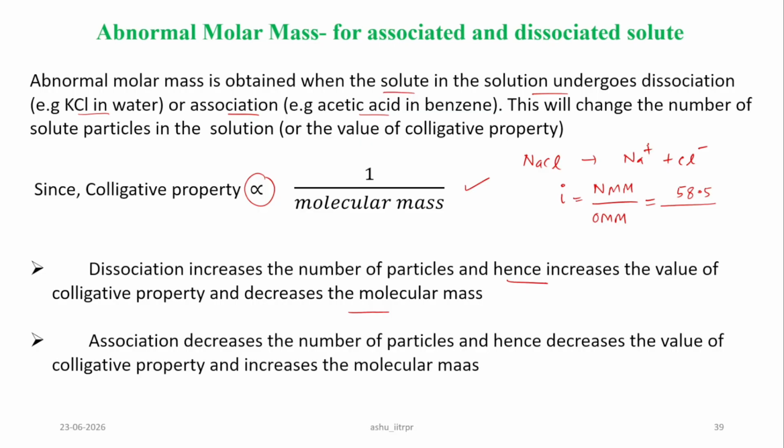But the observed would be from either this particle or this particle. Suppose I take the first one, it will be 23, or if you take the second one, it will be 35.5. When you divide 58.5 by 35.5, it is always greater than 1. That is why we say for dissociation, the value of i is always greater than 1.